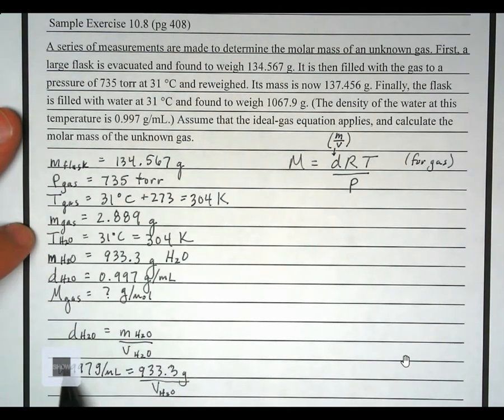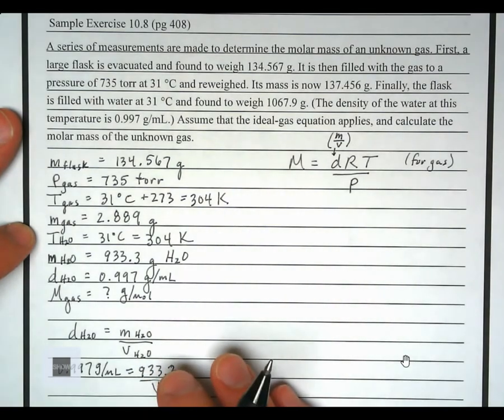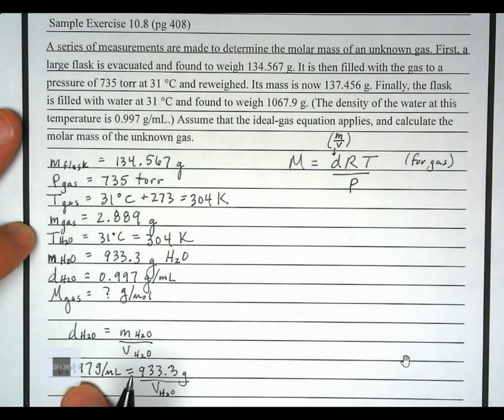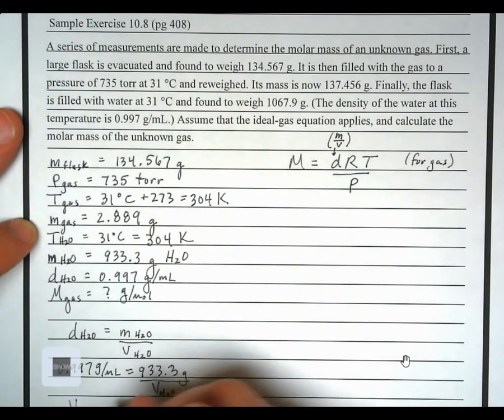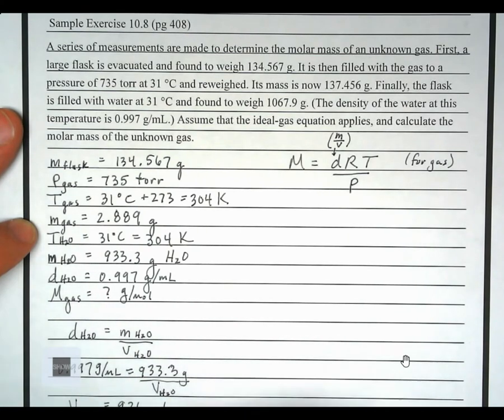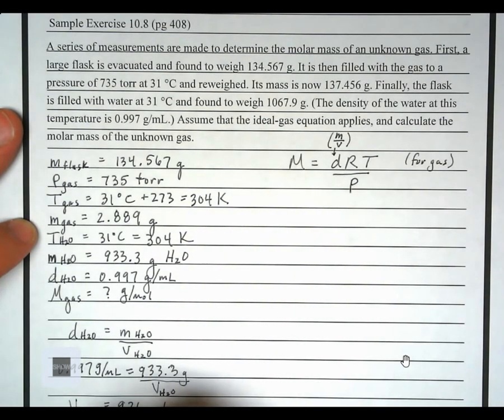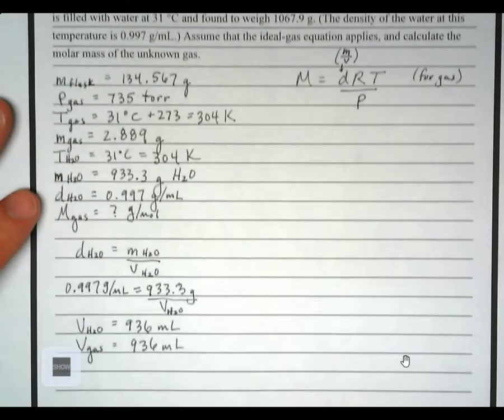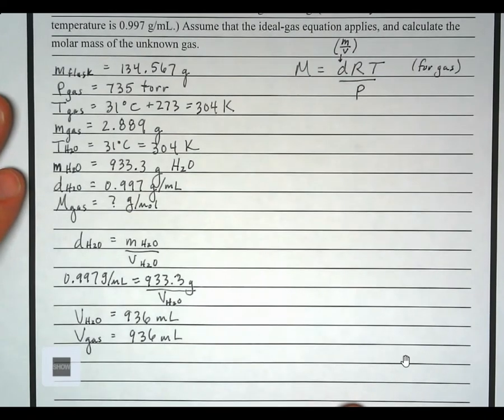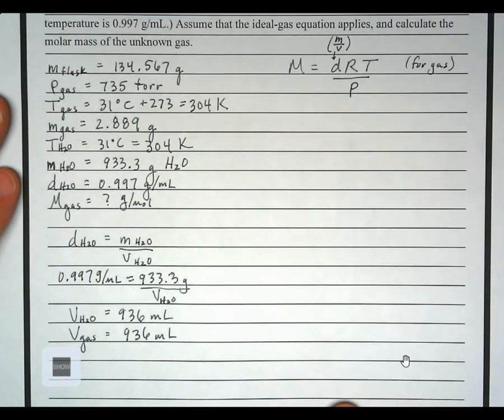So we basically take the 933 divided by the 0.997, and we get the volume of the water to be 936 milliliters, which means the volume of the gas is 936 milliliters. Oops, sorry. There we go. So far, so good. Questions?